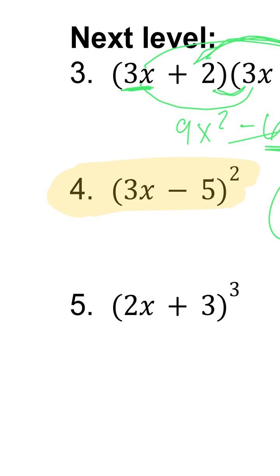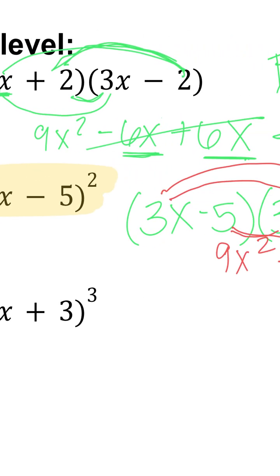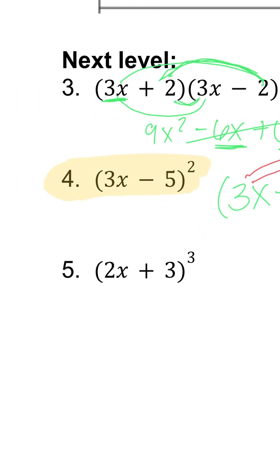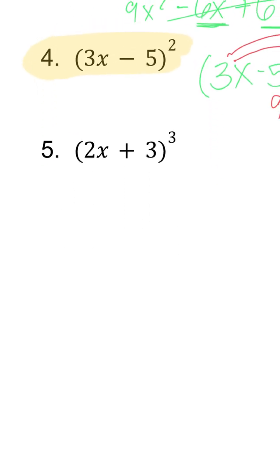Okay, and what do we do from here? Combine like terms. Good, so we have some like terms here, and our final answer is? 9x squared minus 30x plus 25. Okay, and then number 5.